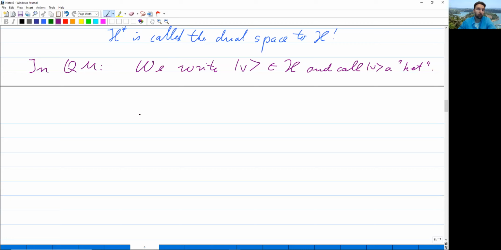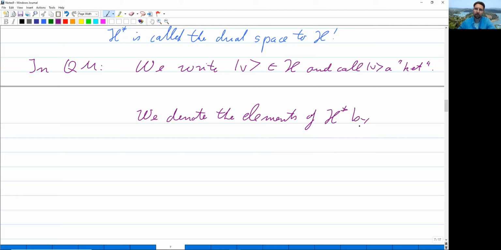Now, because H is a complex vector space, we also have an H star, a dual vector space. And we denote the elements of H star by a bra.